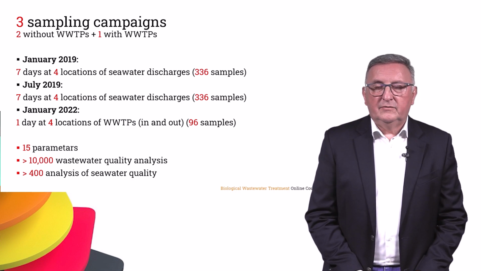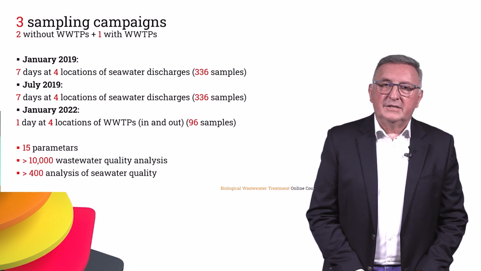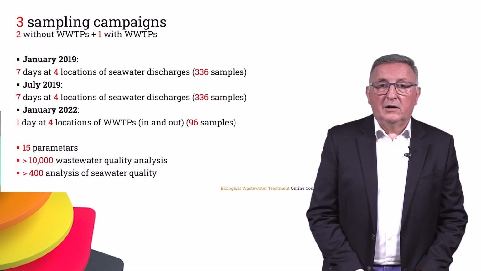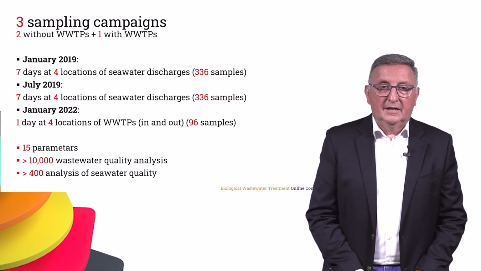Influent and effluent were sampled, and we collected 96 samples. At each point, we collected information on 15 parameters, which means in total more than 10,000 wastewater quality analyses and more than 400 analyses of seawater quality.